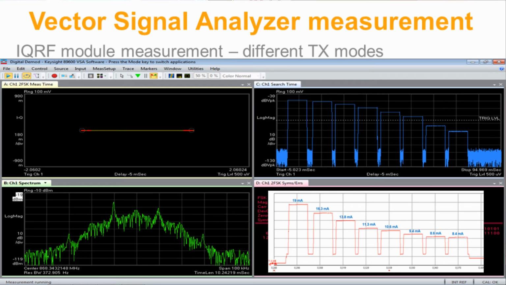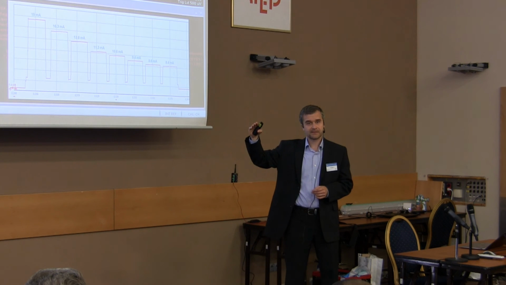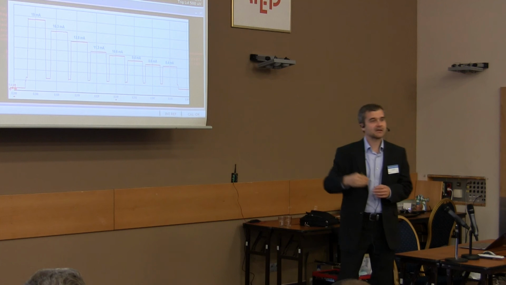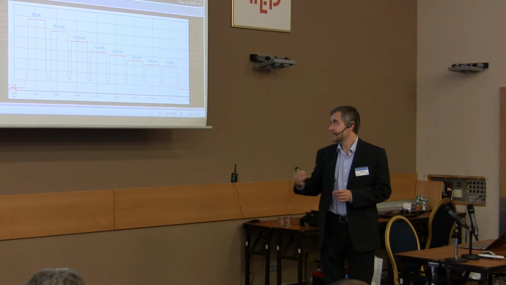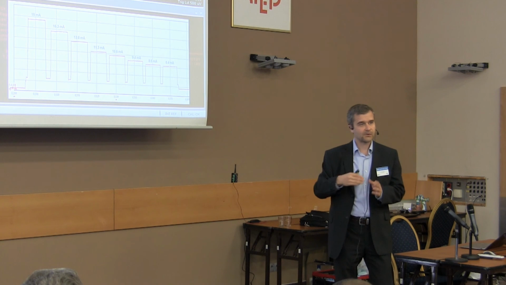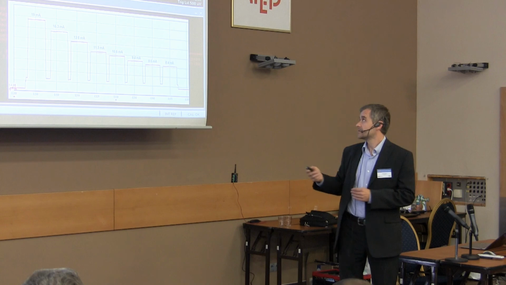Now I want to compare it with the measurement of current. With low power mode, you can see that if you increase current, the transmit level is increasing rapidly. But then the output amplifier gets saturated, so increasing current will not increase the radiated power.